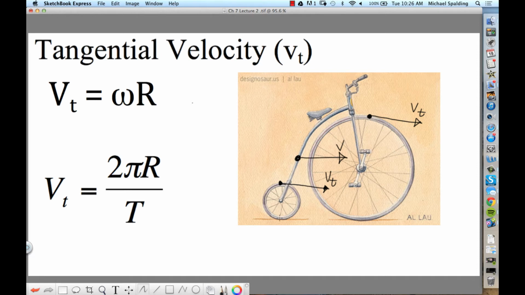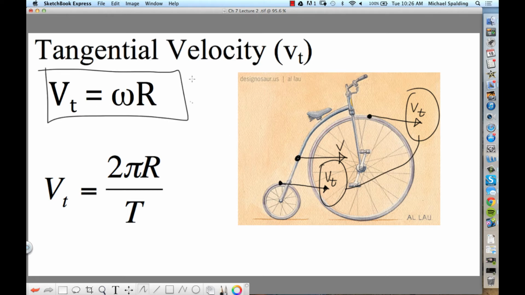Okay? Now, if you have a small wheel and a big wheel, which of those wheels is going to have a larger angular velocity? The small one. Because look, the tangential velocities are equal. So apply this equation right here. Let's just say V1 equals V2. Let's say that 1 is the small wheel, 2 is the big wheel. So plugging in, this is going to be angular velocity 1 times radius 1 equals angular velocity 2 times radius 2.